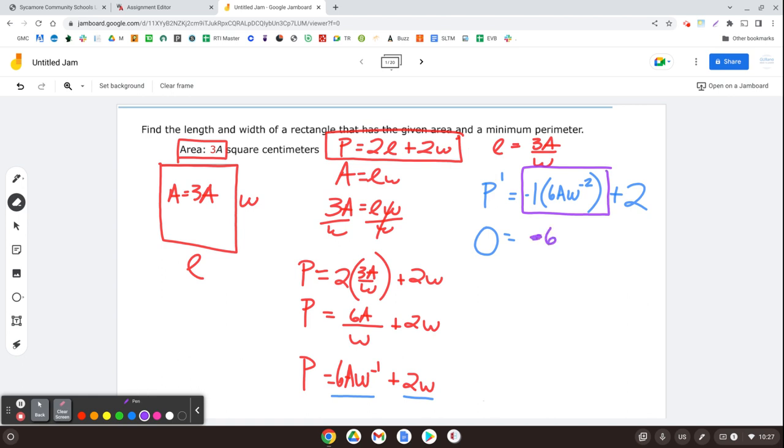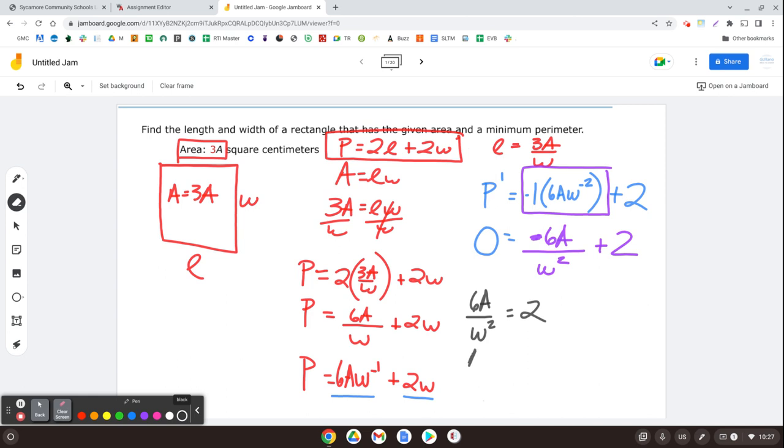This thing is just negative 6A, and then over W squared plus 2. Okay? And now I'm going to solve that. So you get, let's add 6A over W squared to both sides. So you get 6A over W squared equals 2. Multiply both sides by W squared.